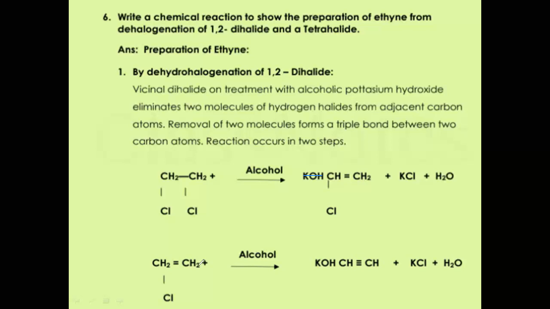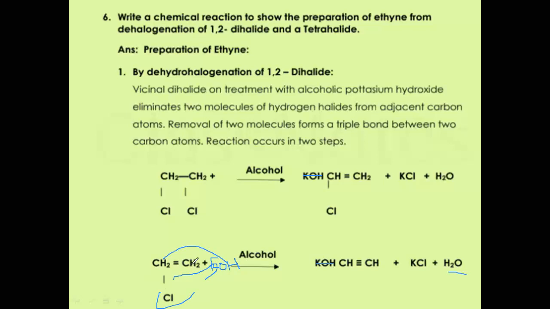This chloroethene will be the reactant in the second step, and will react with the second molecule of potassium hydroxide, in the presence of alcoholic potassium hydroxide. Again, potassium will take the halogen with it to form potassium chloride, and hydrogen from the second carbon atom will give water, and the two carbon atoms will make a triple bond with each other.